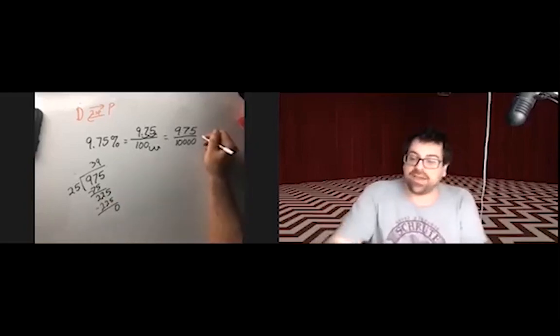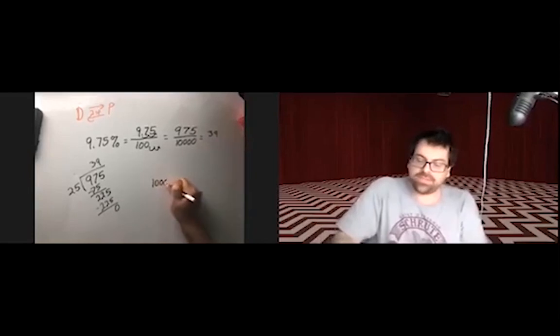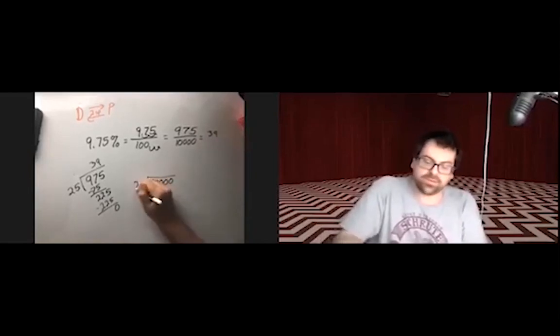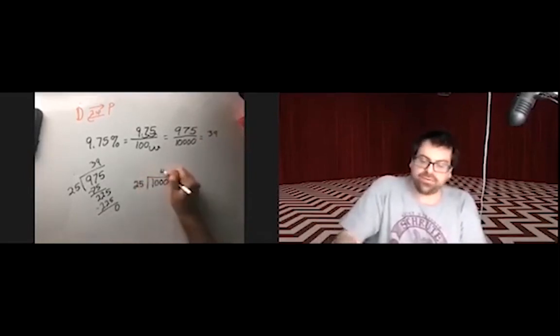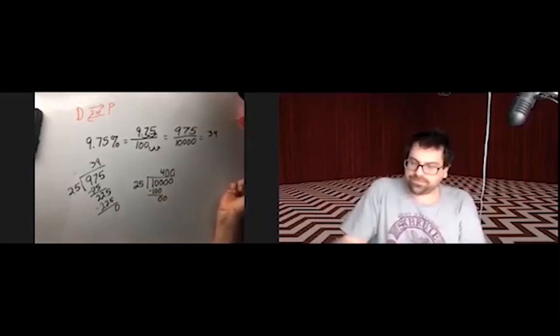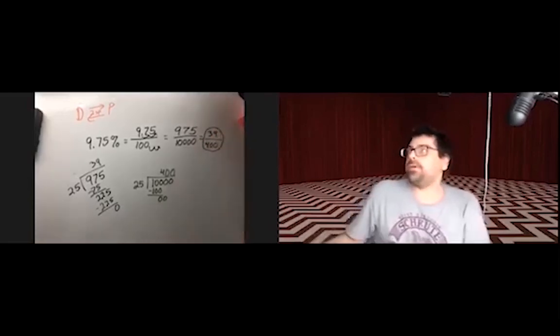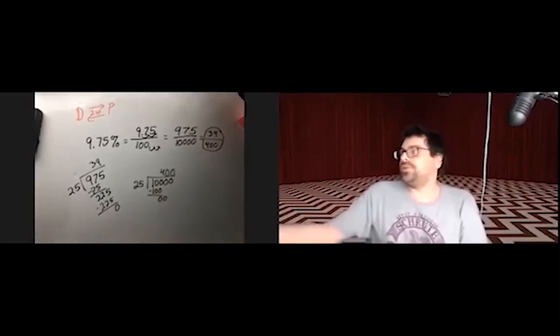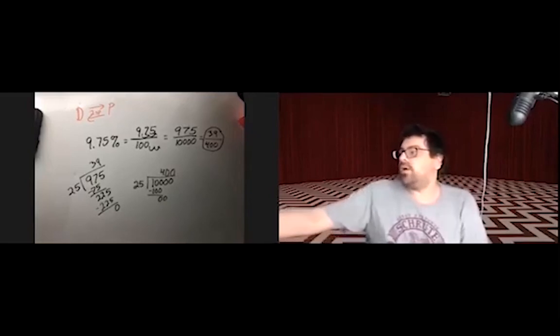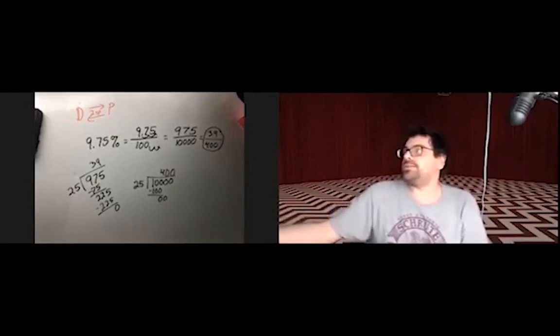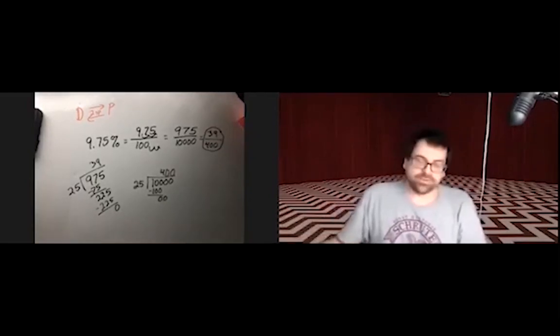So 975 divided by 25 is 39. 10,000 divided by 25 would be 400. I'll check it, but I'm pretty sure this is 39 over 400. It doesn't reduce any further. Absolutely.